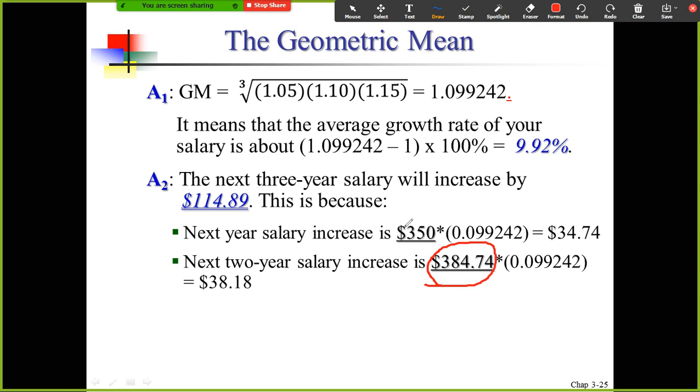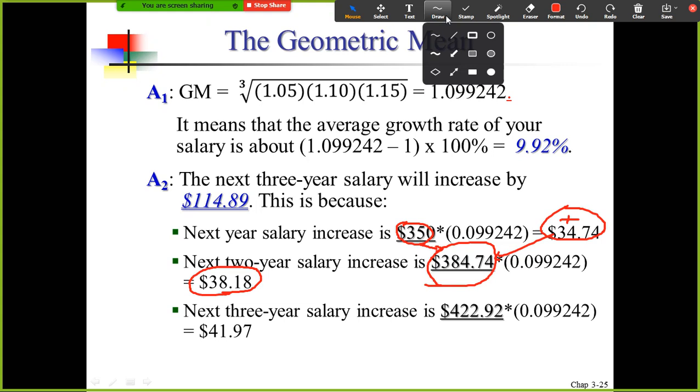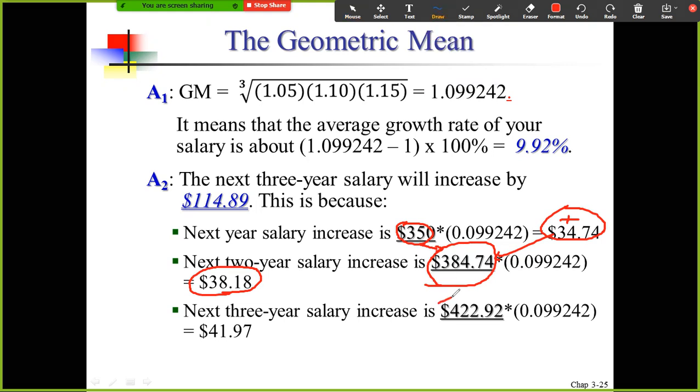Our salary next year will be this one. Where does this one come from? It comes from this year's salary plus the increase in salary. Okay, the increase in salary. That's why for the next 2 years, we take next year's salary as a base multiplied by the growth rate again. So in the next 2 years our salary will increase by 38.18. So in the next 2 years, how much is our salary? Our salary will be 442.92.